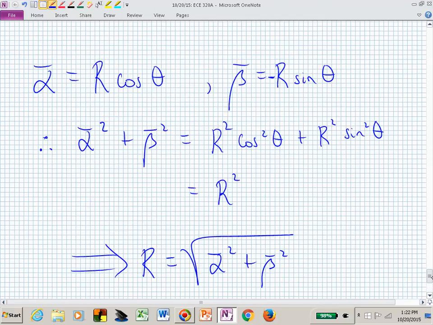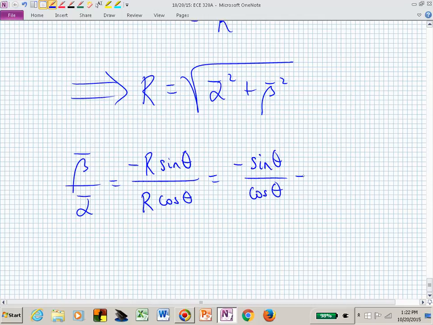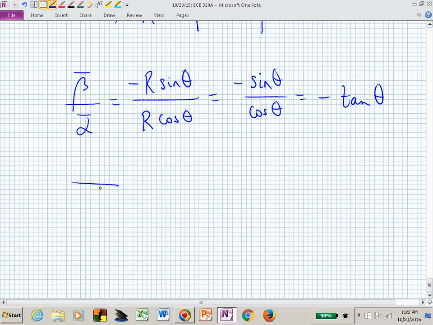Beta bar was this minus r sine of theta, and alpha bar was r cosine of theta. The r's cancel, and so now I have minus sine theta over cosine theta, which is just minus tangent of theta. We can solve for theta, and now we have theta is the inverse tangent of minus beta bar over alpha bar.